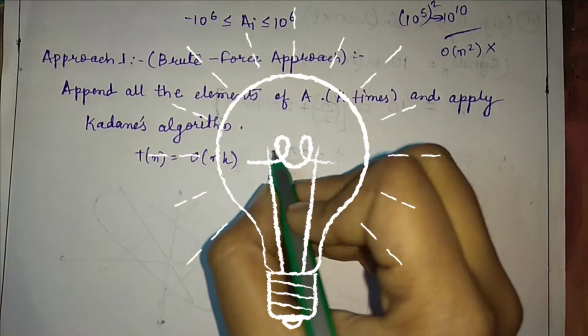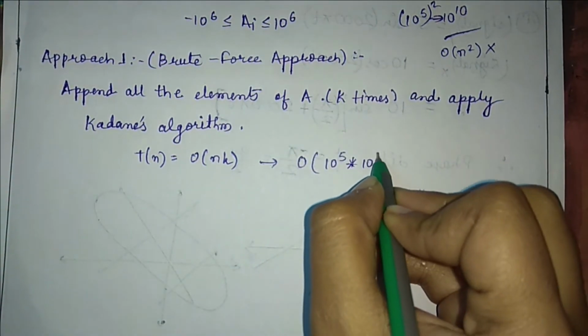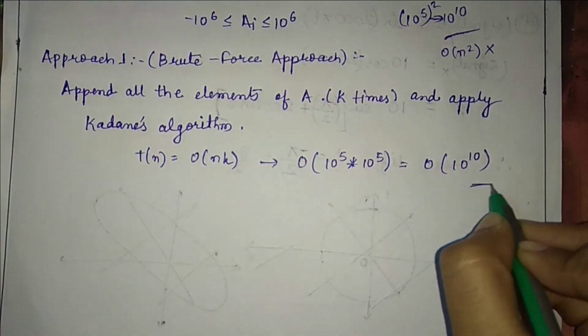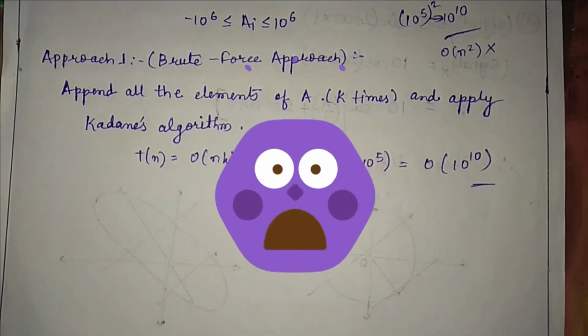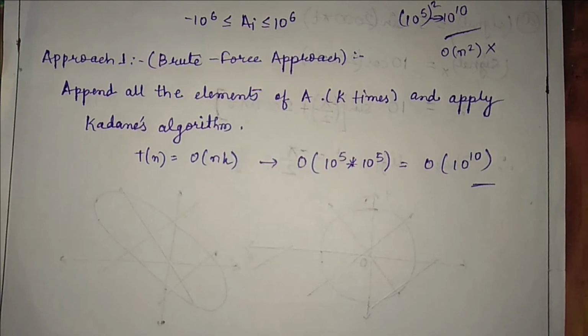So this will be 10 to the power 5 into 10 to the power 5. So this will result in big O of 10 to the power 10. Oh no, this creates a problem. We can't apply this approach in our problem because this will lead to time limit exceeded. So we have to think a little bit more.